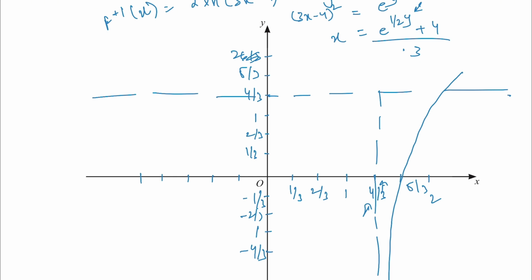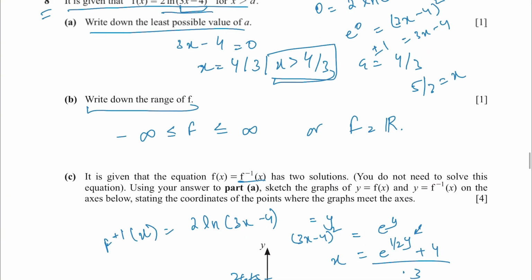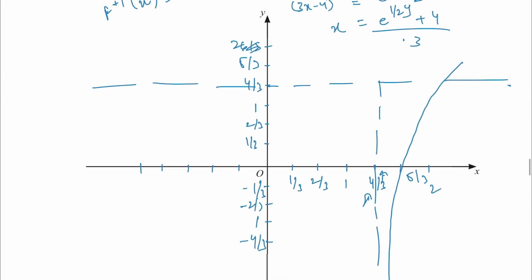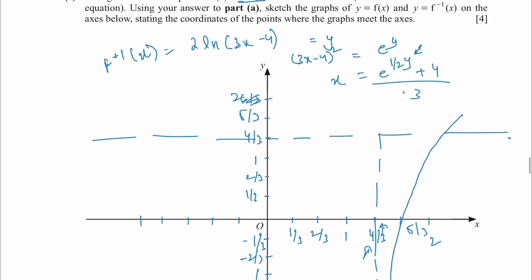Some mistake over here. Okay. So it has to be greater than 4 over 3. Since it has to be greater than 4 over 3, this would be 5 over 3 as 2.1 something over here. So this would look something like this.